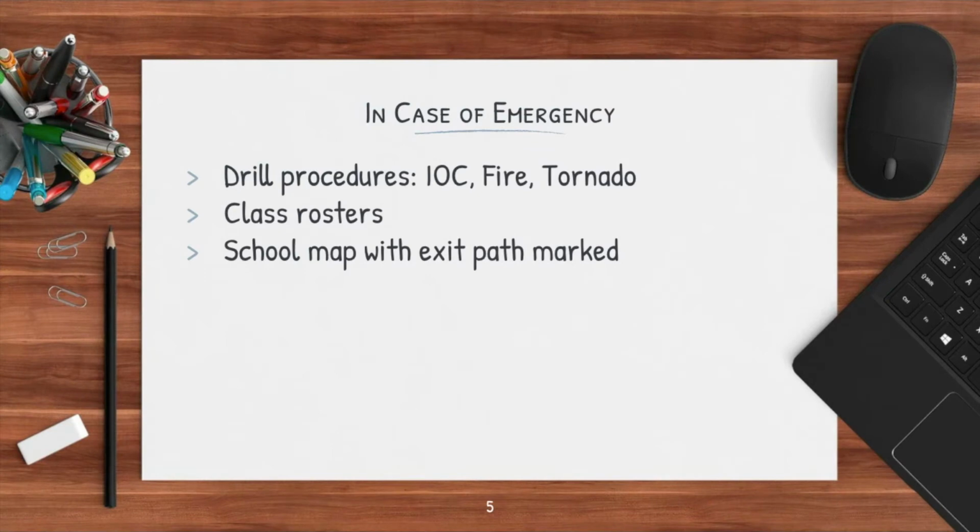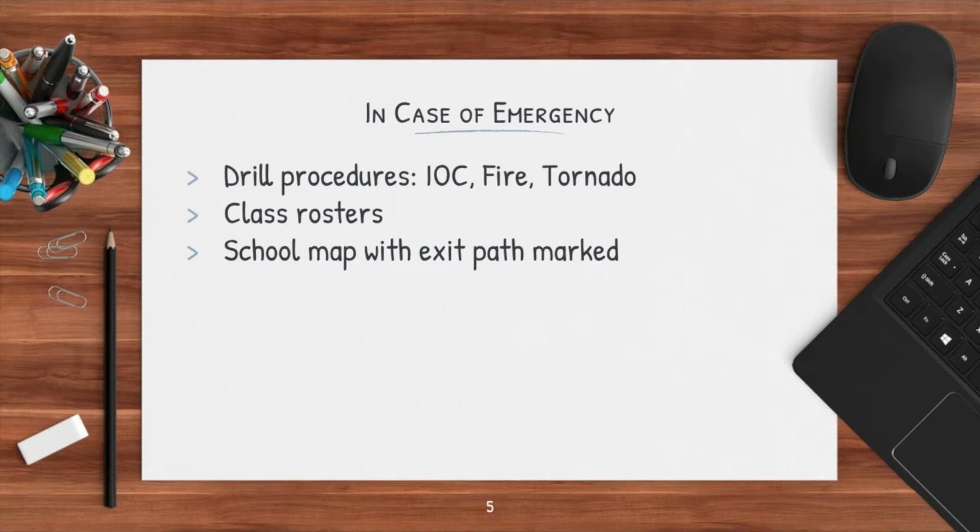In case of emergency, make sure you include your drill procedures. There may be a practice drill for intruder on campus, fire, or tornado while you are gone. And especially if it was an unplanned absence, you aren't able to tell your substitute when that will be.